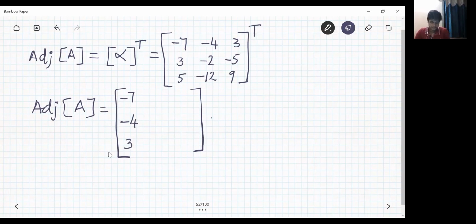The second row, we write it as the second column. Then the third row, we write it as the third column. This is called the adjoint of matrix A.